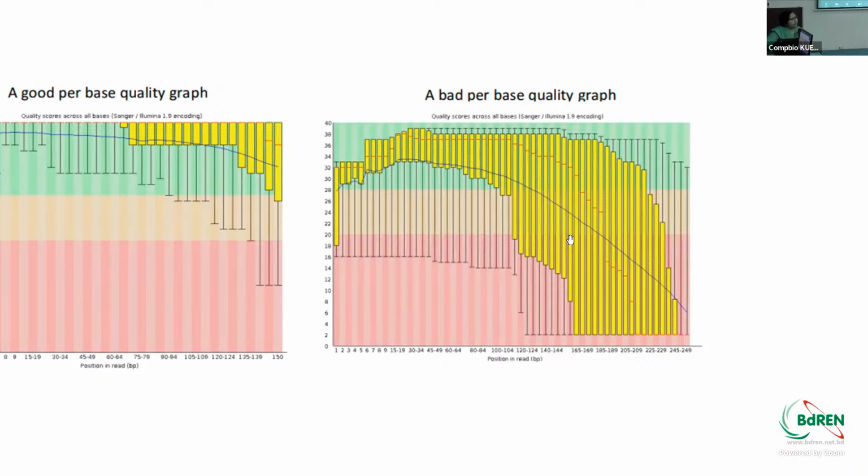So when we want to filter this sequence, we will trim from here, because I think this is a very bad part of the sequence, starting from 165. I will tell the filtering software to cut it from 165 to the end.